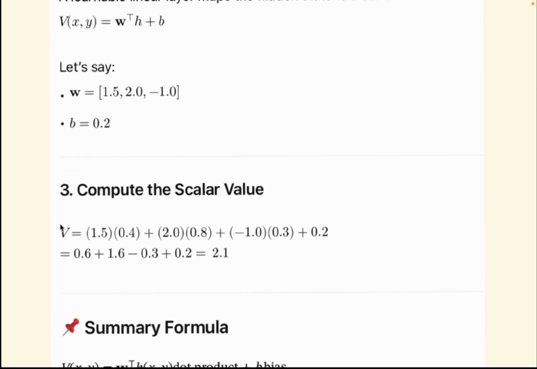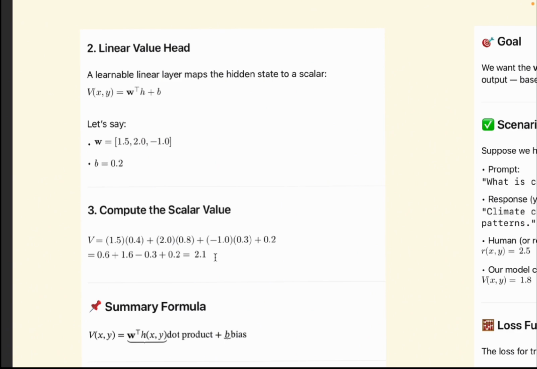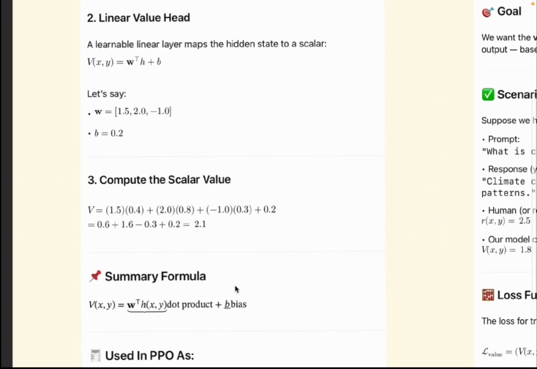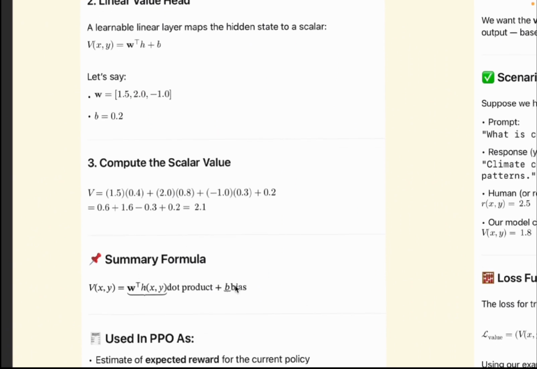If we want to calculate V, the value function, it would be something like 2.1. This technically is the way it's going to be calculated. And we try to minimize the loss based on the human preference, because humans are technically trying to give the value to the response.